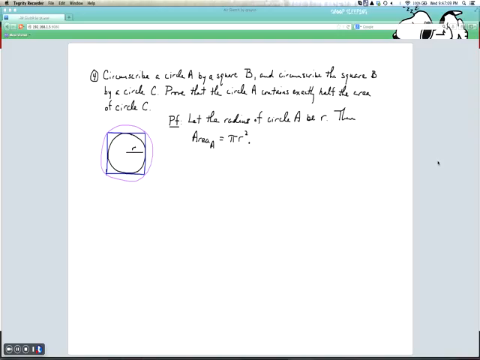So now let's calculate the area of this square. And again, what I would look at on the square is that this has sides of length, oops, I'm getting ahead of myself, 2r. If the radius is r, then the length of one side, which is halfway across, all the way across, is 2r, right? The length of one side would be the same as the diameter of the circle.